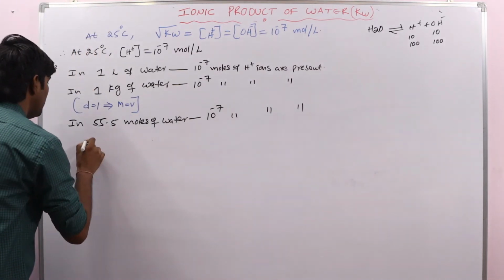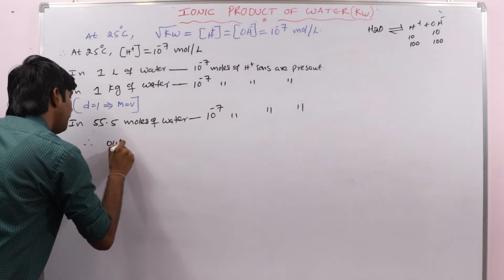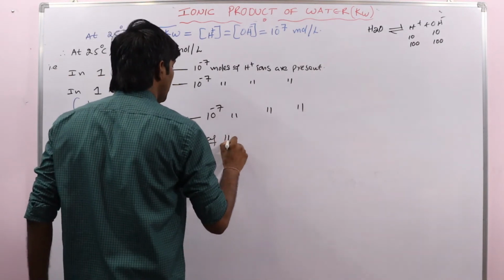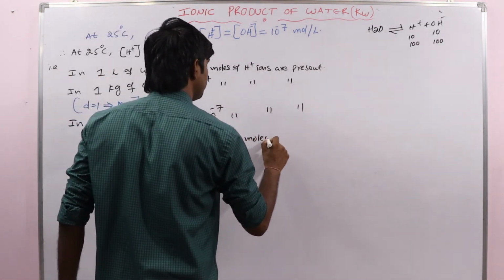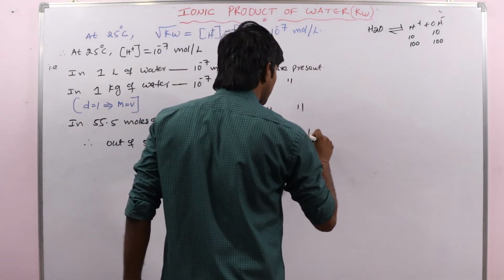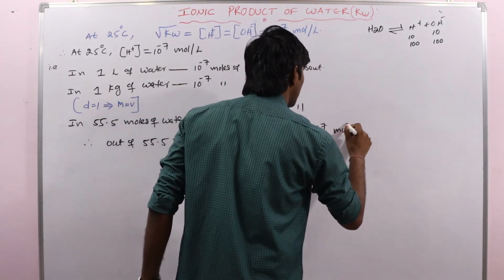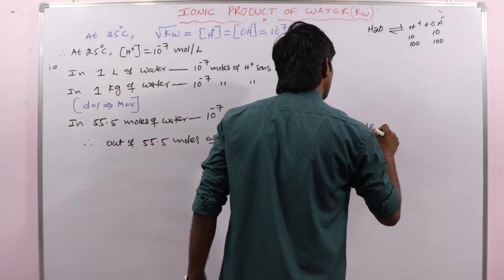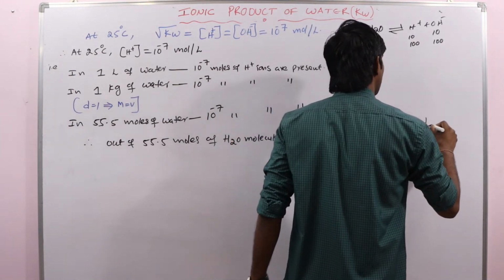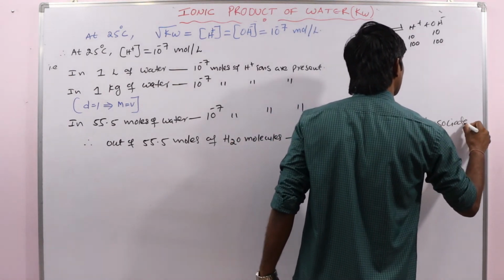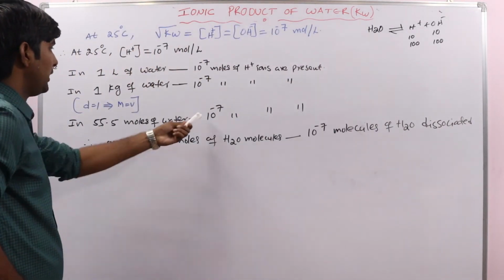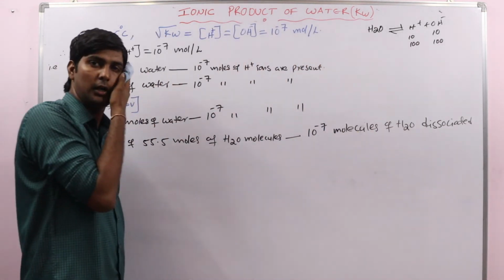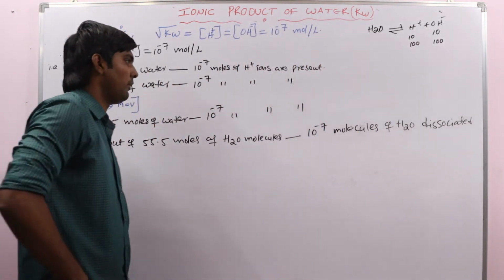So therefore we can write, out of 55.5 moles of H2O molecules, 10 power minus 7 are dissociated. The 10 power minus 7 H plus ions are formed by the dissociation of 10 power minus 7 moles of H2O.